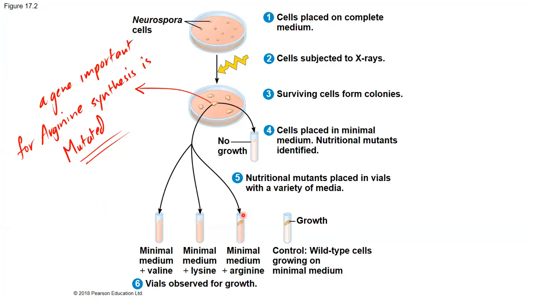So in the next step, two scientists, Srb and Horowitz, wanted to determine how many genes are important for the synthesis of arginine, and how many genes could be mutated in order for these cells to become arginine deficient. Okay.